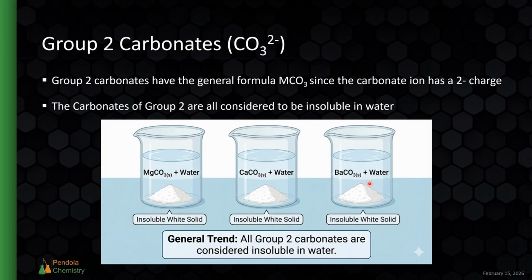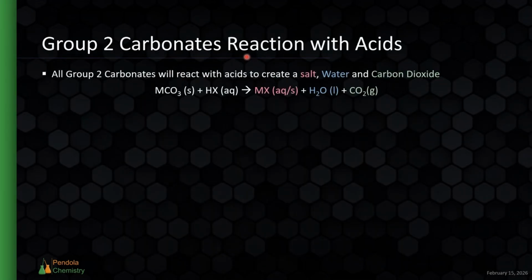So keep that in mind, because whenever you have the state of matter for a group 2 carbonate, it's always going to be solid. So what reactions could group 2 carbonates undergo? Well, group 2 carbonates react with acids as well. Just like group 2 hydroxides react with acids, group 2 carbonates also react with acids, but they do it in a bit of a different fashion.